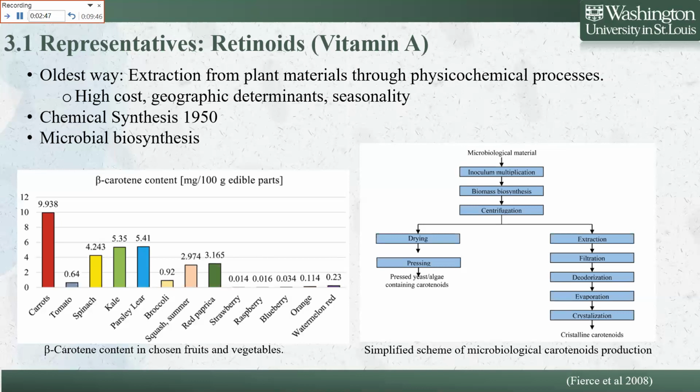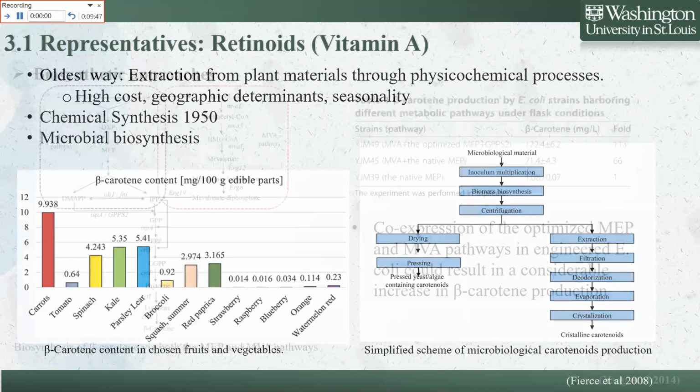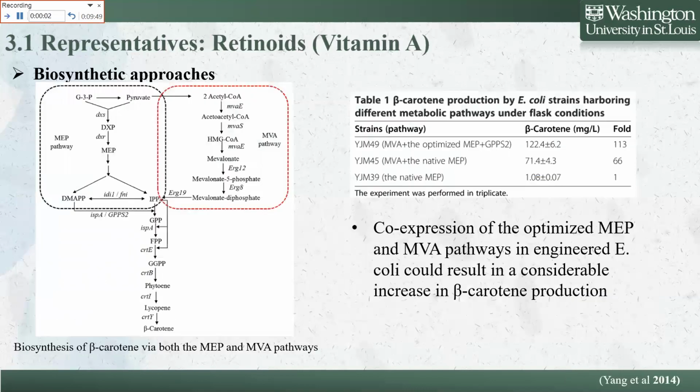And next, I'm going to talk about the pathway to create beta-carotene. And as my group members mentioned, there are 2 ways to synthesize beta-carotene, the MEP pathway and the MVA pathway.